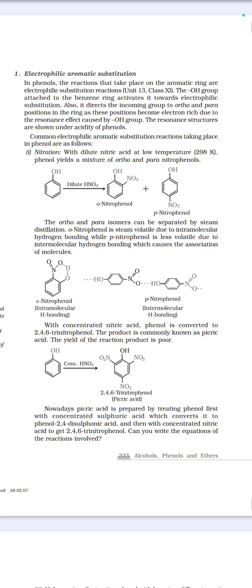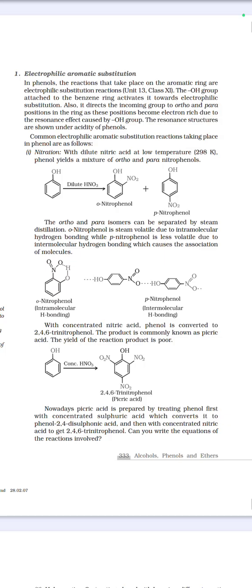The OH group attached to the benzene ring activates it towards electrophilic substitution. Also, it directs the incoming groups to the ortho and para positions in the ring, as these positions become electron rich due to the resonance effect caused by the hydroxyl group. The resonance structures are shown under acidity of phenols.